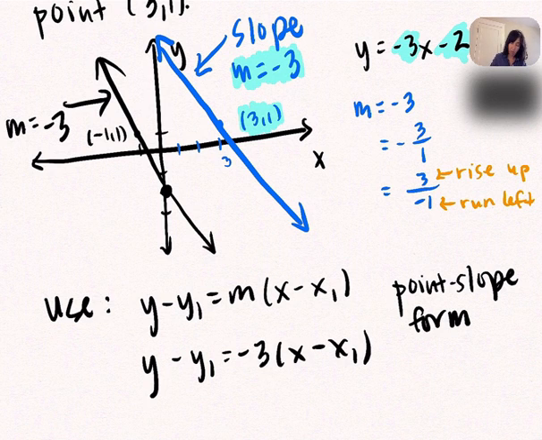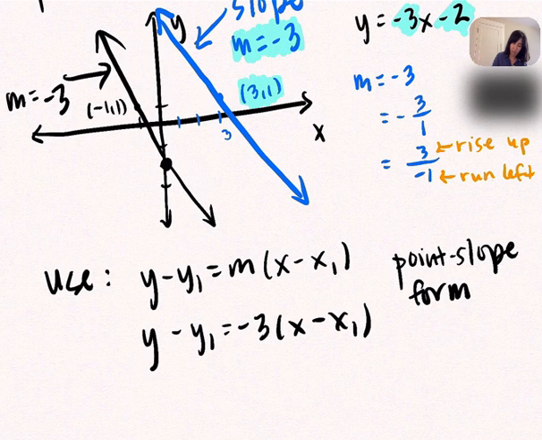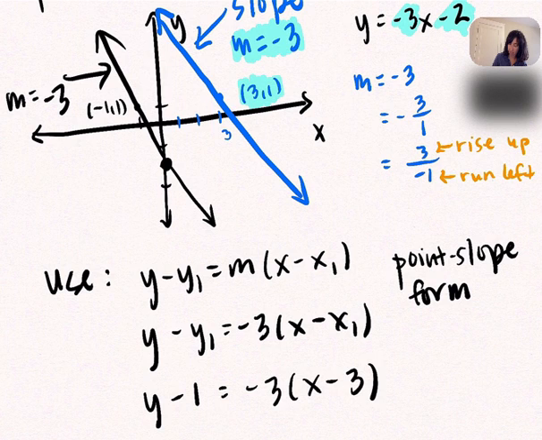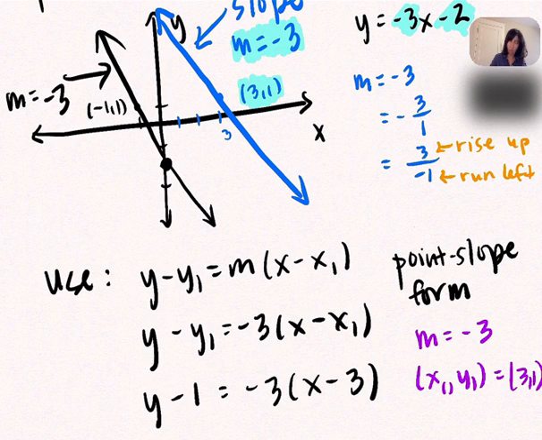And then if I plug in our point, which is 3, 1, I get y minus 1 equals negative 3 times x minus 3. So right here I'm using the fact that m is equal to negative 3 and x1, y1 is equal to 3, 1 for this line that we want the equation of.